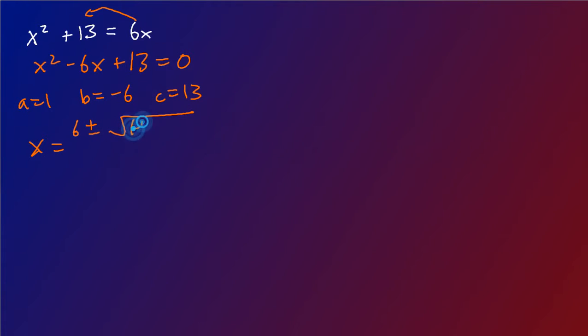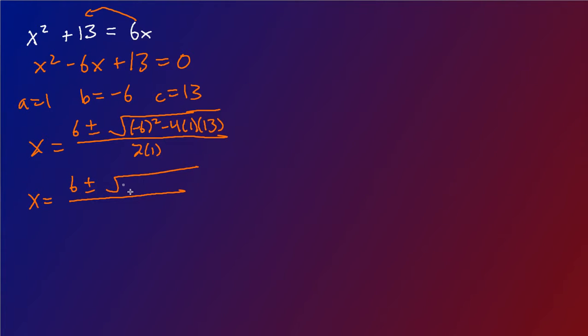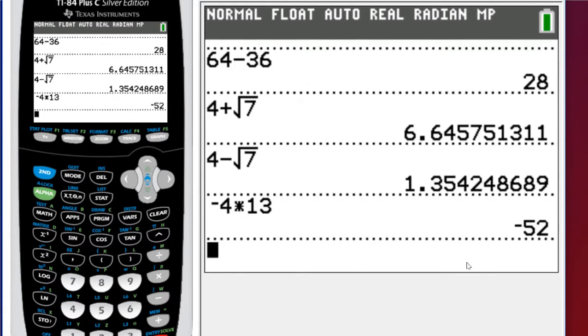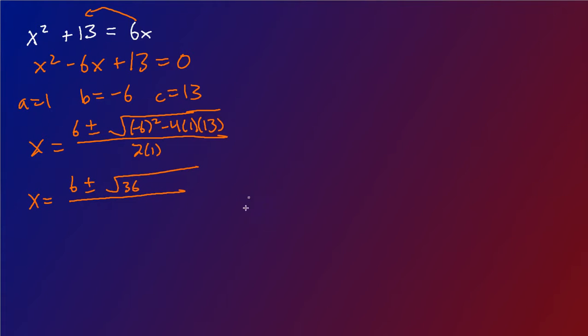So remember, negative 6 squared minus 4 times 1 times 13, all over 2a. So now I have 6 plus or minus square root, negative 6 squared, that's 36, and then I have negative 4 times 13. I want to take that sign with it. I get negative 52. So minus 52 right here.